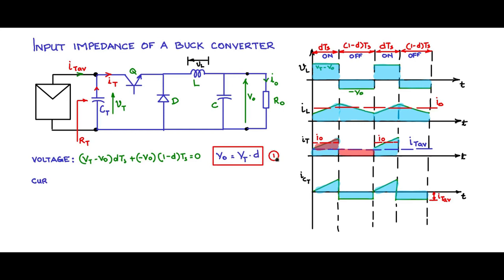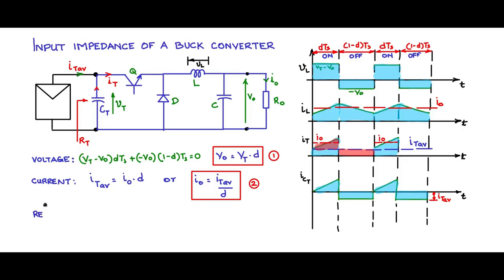We'll mark this as equation 1. The current relationship, we found that from this waveform, IT average is nothing but I naught into D. So IT average is I naught into D, or we can write I naught is equal to IT average by D, and this we will name as relationship 2.